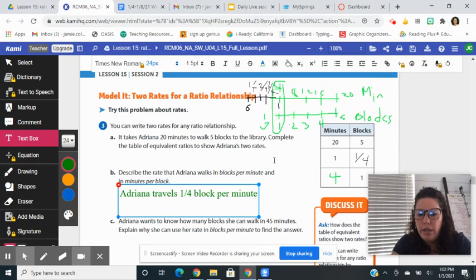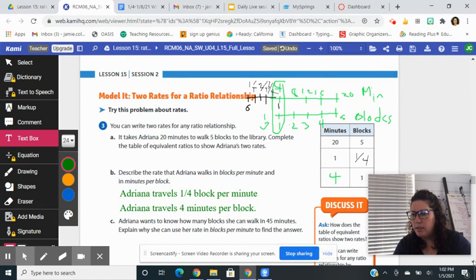Okay, the second one is Adriana travels 4 minutes per block.